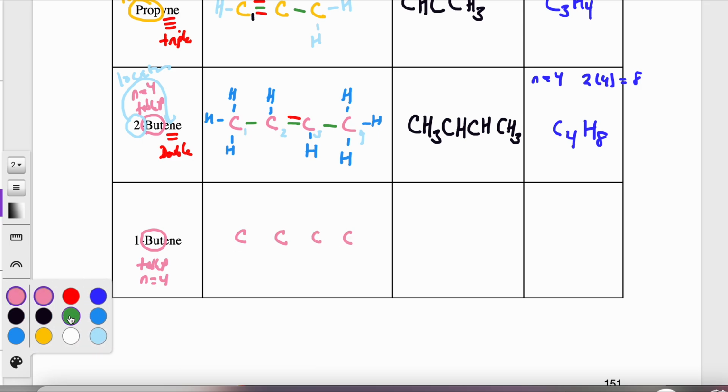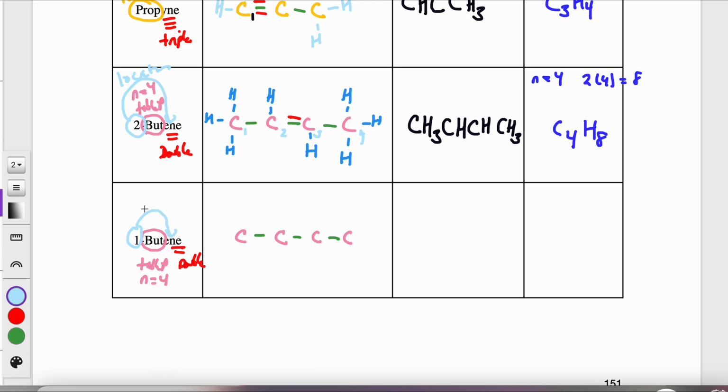And because they are part of the same molecule, they are all linked with at least single bonds, showing that they're linked together. I take a look here and I see it's ene, so that means that there is a double bond in the structure, but I just don't put it anywhere. That 1 out in front tells me where to put it.